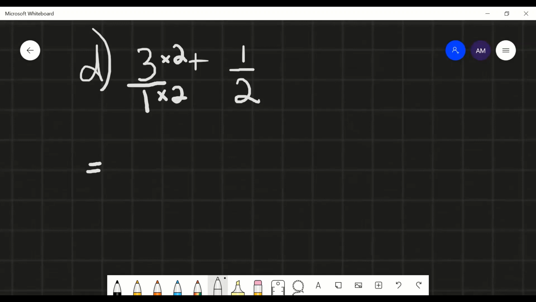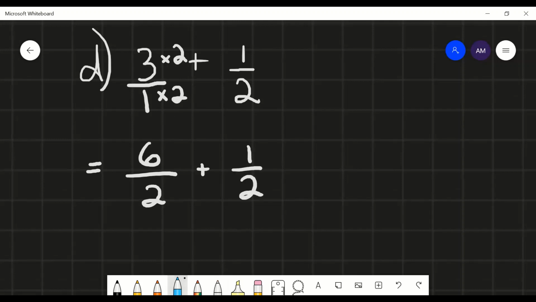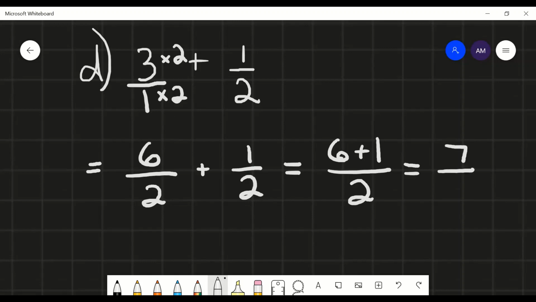So 3 times 2 is 6 over 1 times 2 is 2, plus this fraction did not need to be changed because now both denominators are 2, so it's safe to add the two fractions together. 6 plus 1 in the numerator and copy the 2 in the denominator. 6 plus 1 is 7 over 2. So 7 over 2 is our final answer.